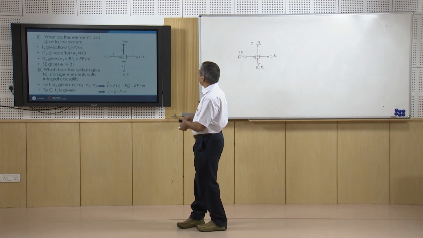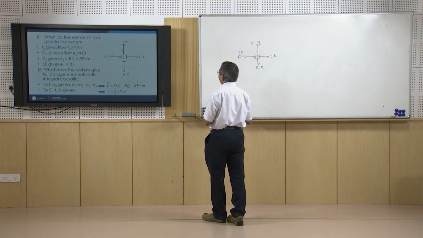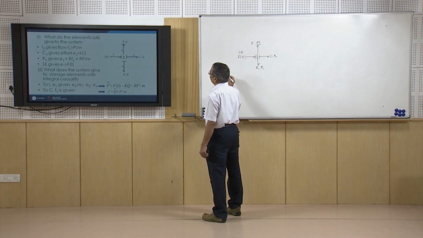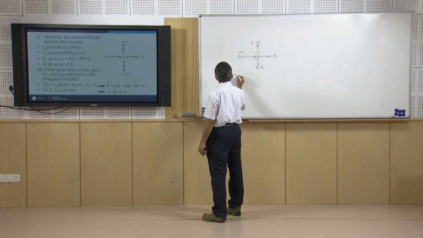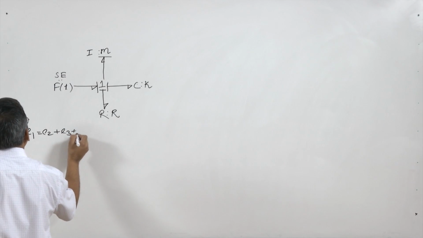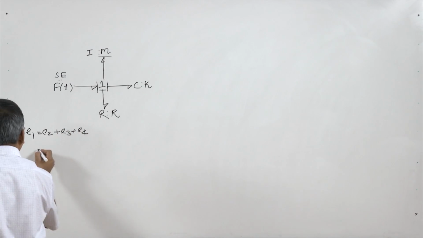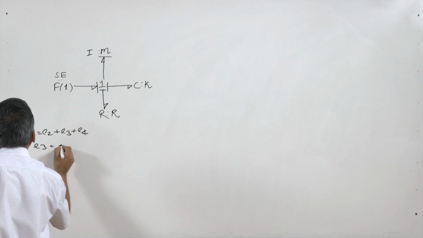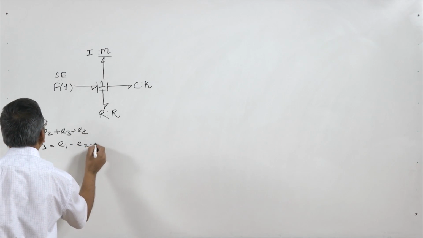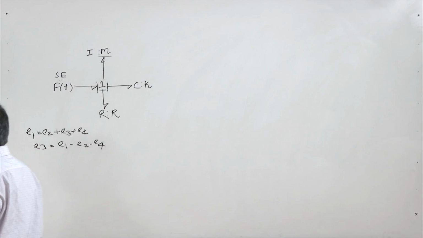So, here basically we will have E1 equal to E2 plus E3 plus E4, and from here I am interested in finding E3, so this will be E1 minus E2 minus E4.